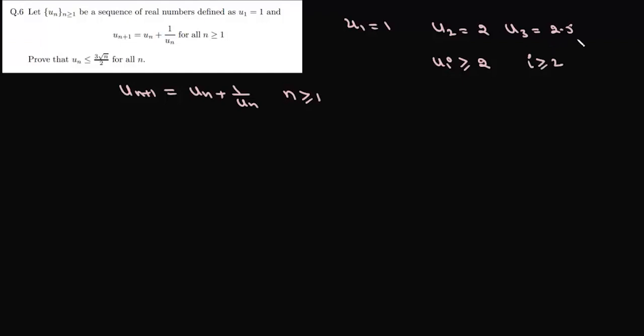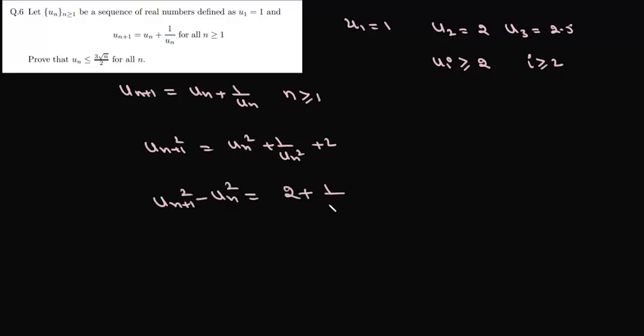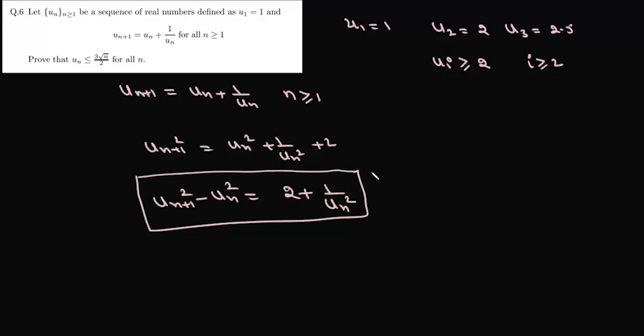Now what we are going to do is write this as Un plus 1 square will be Un square plus 1 upon Un square plus 2, or Un plus 1 square minus Un square will be equal to 2 plus 1 upon Un square. And this is the iterative relation we are going to use for our telescopic summation. Since we need Un, we are not going to start with n plus 1, we are going to start with Un.